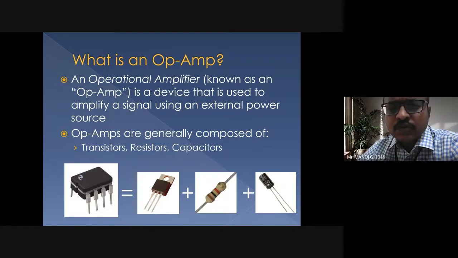It's basically used for performing various mathematical operations. That was the main reason why they went in for the op-amp. Many operations can be designed, like differentiator, integrator, summator, and other applications. And why did they go for op-amp? The performance was very good.